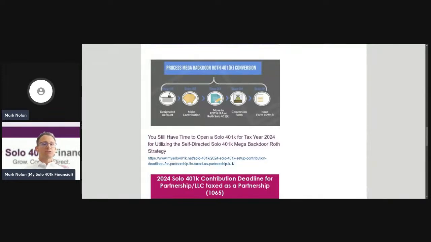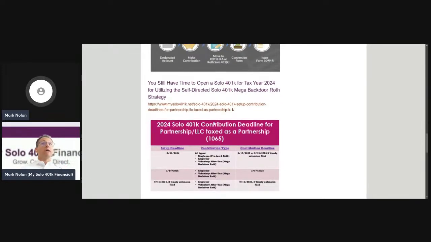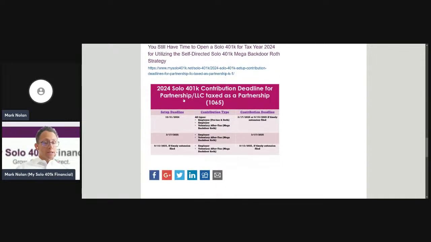So that's how that Mega Backdoor Roth solo 401k strategy works for a partnership or LLC taxed as a partnership where you file a Schedule K-1. Now, as I mentioned earlier, you still have time to open a solo 401k for tax year 2024 here in 2025, and you can do so by your partnership tax return due date of March 17, 2025, or if you file for a partnership tax return extension, you would have until September 15 of 2025 to make those voluntary after-tax solo 401k contributions.